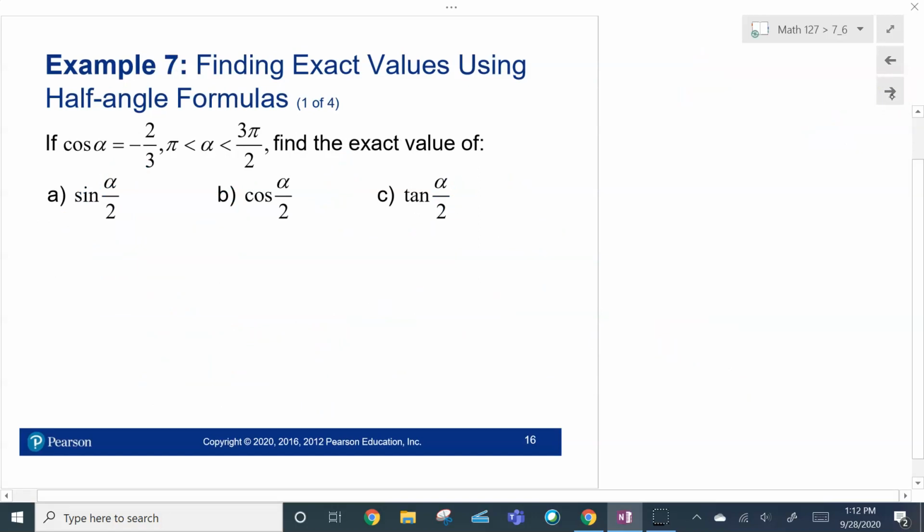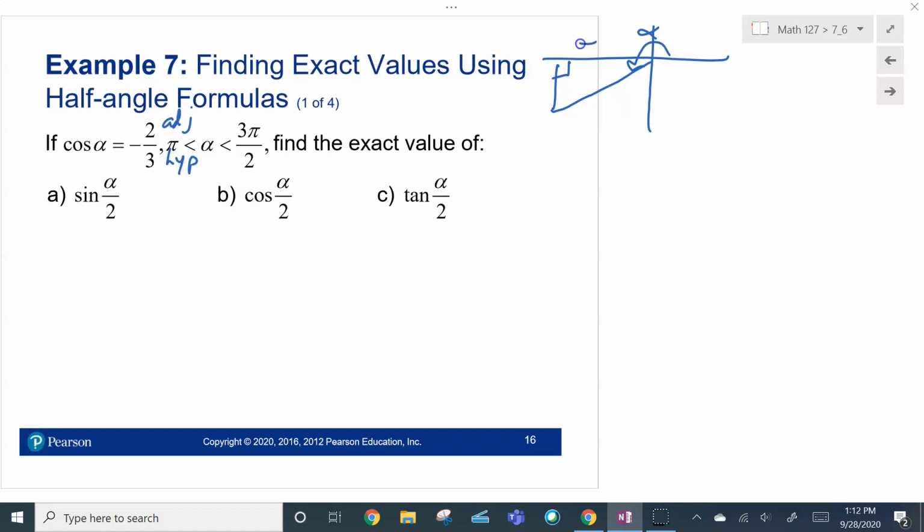All right, let's do another one here. We've got cosine alpha. We want to get a picture of this. Alpha is less than 3 pi halves, but greater than pi, so we're in quadrant 3 here. Here's our alpha. Now cosine of alpha is adjacent over hypotenuse.